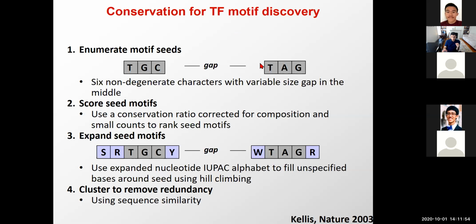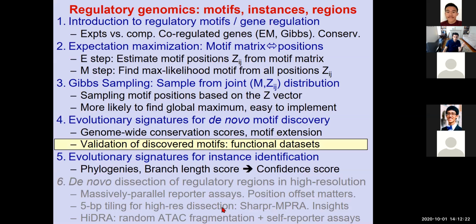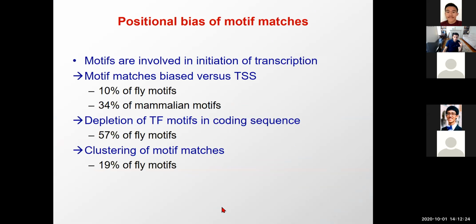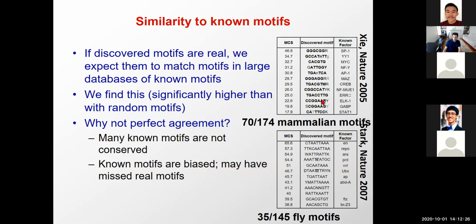The idea was that you could have two different sites bound on the DNA, and we would enumerate these seeds, score these seeds, and then expand these seeds by including additional nearby nucleotides that are also conserved every time these seeds are conserved. Then we cluster these to remove the redundancy using sequence similarity. That led to a dictionary of regulatory motifs.